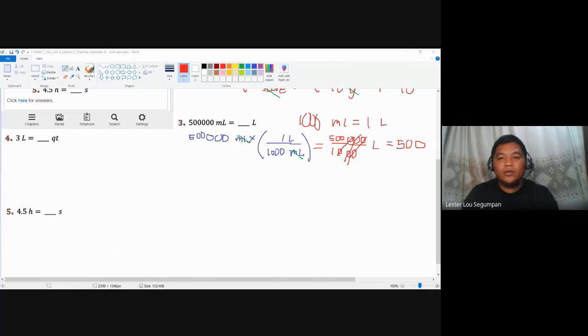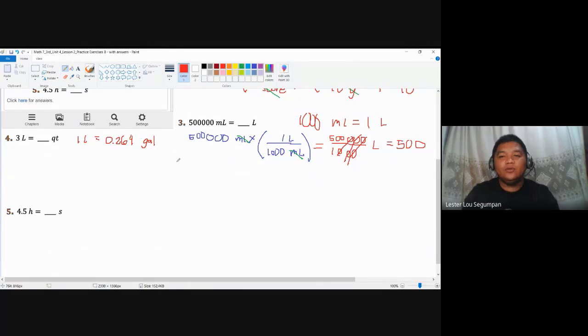What we could do is go for the relationship between gallons and liters, because from gallons we can now convert to quarts. In our module, I have presented you with the relationship of liters and gallons, wherein 1 liter is equal to 0.264 gallons.